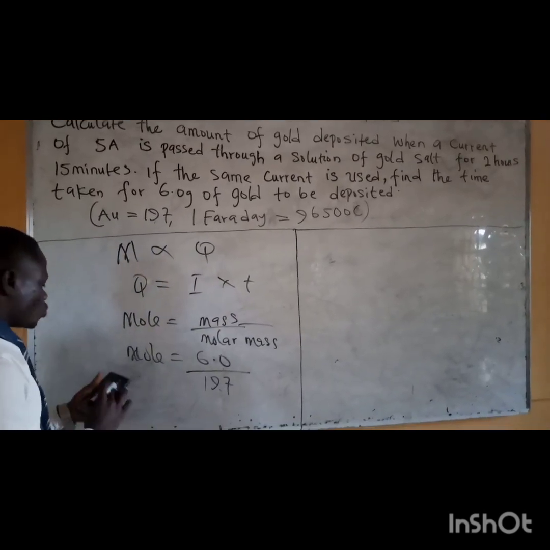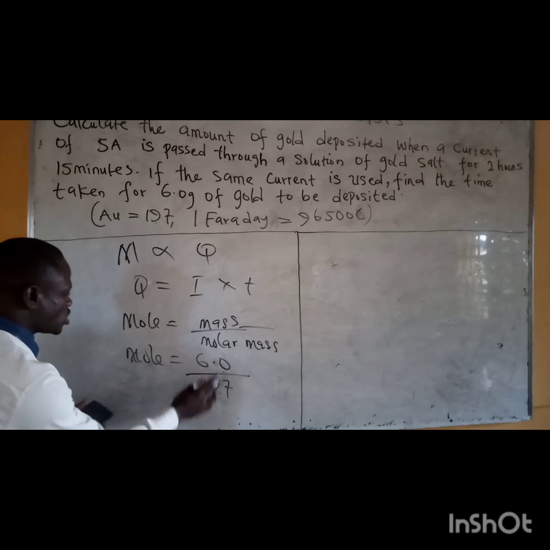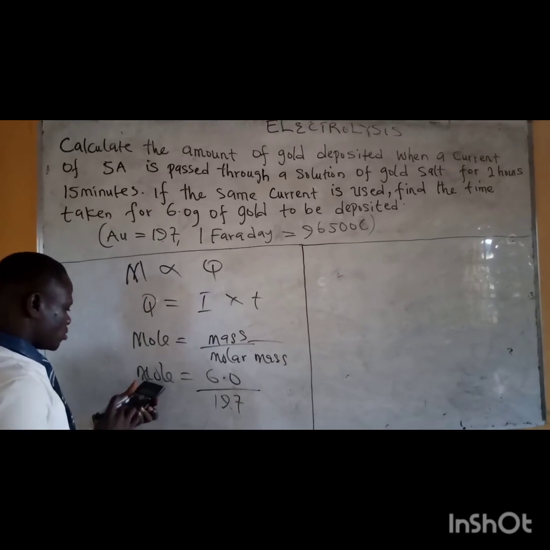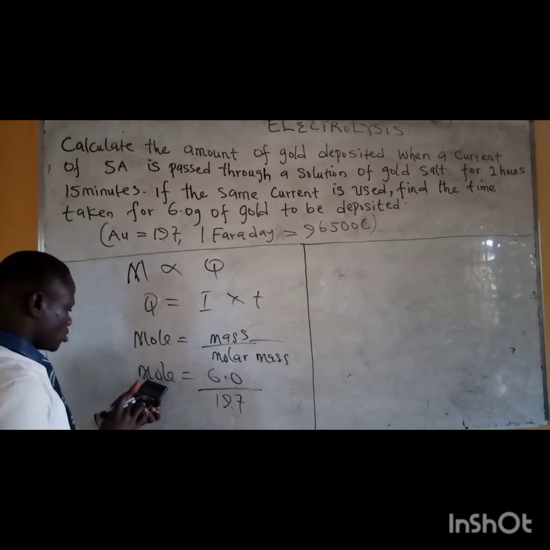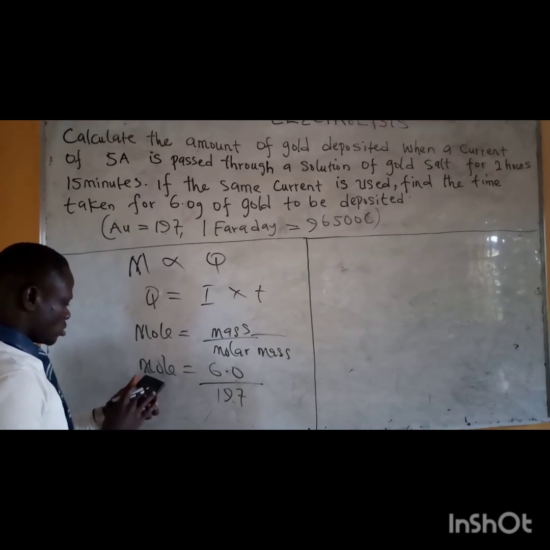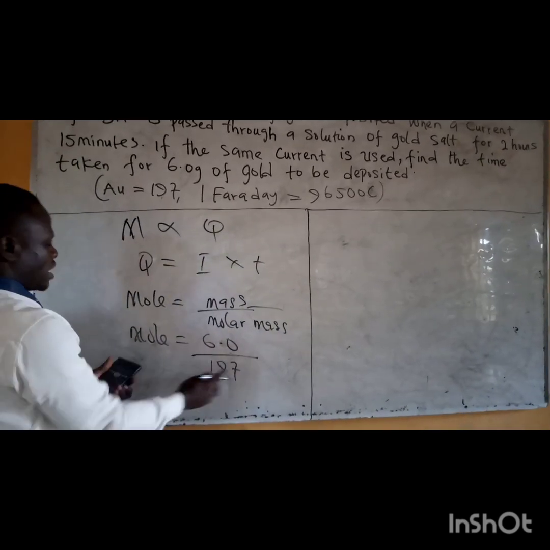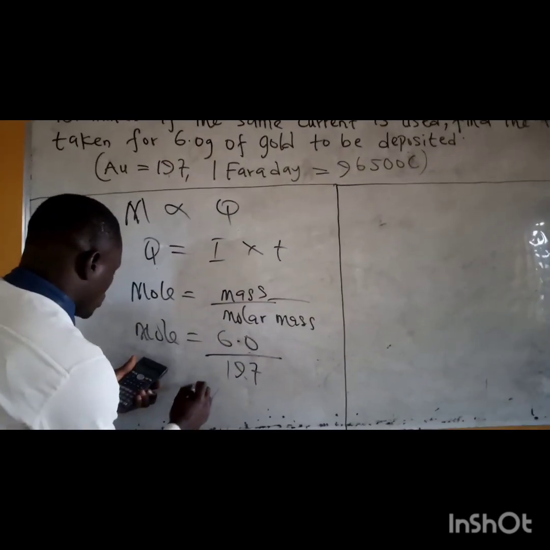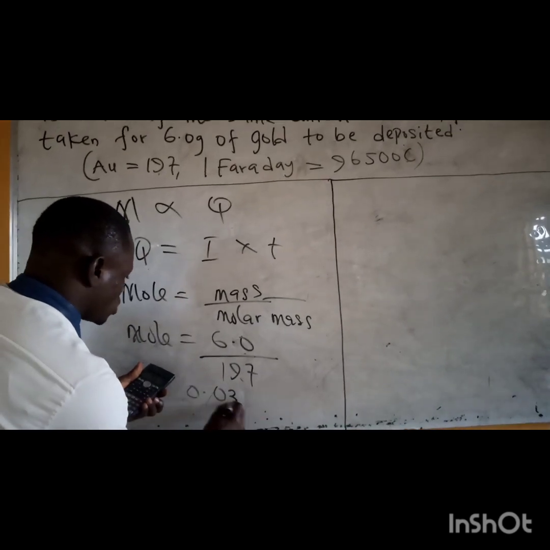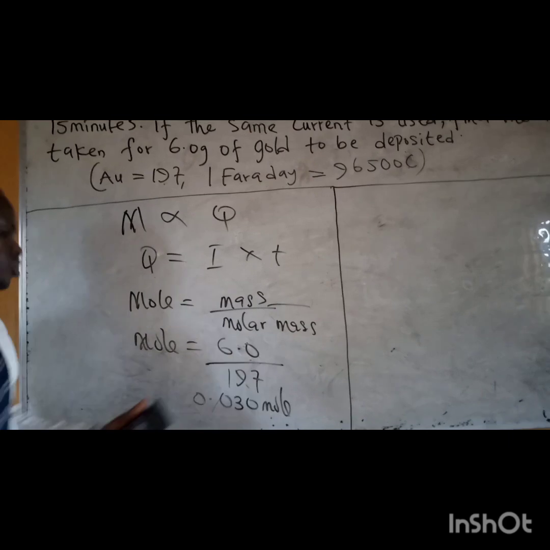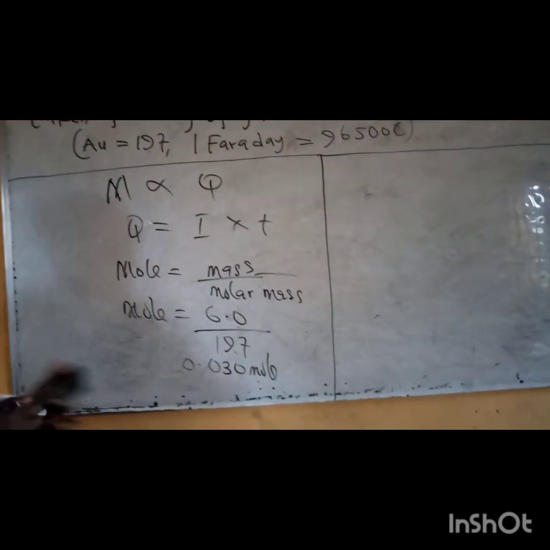When you divide 6 by 197, you have 0.030 moles. That is the first step of calculating this.